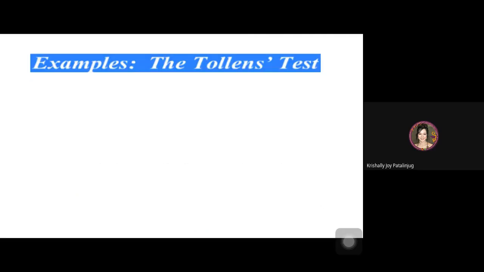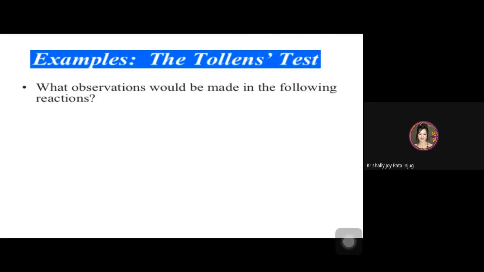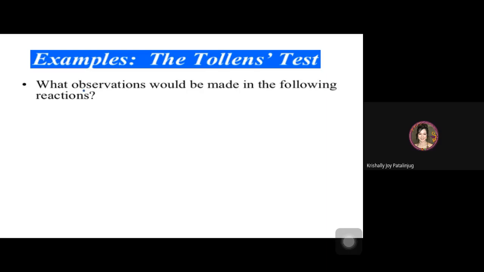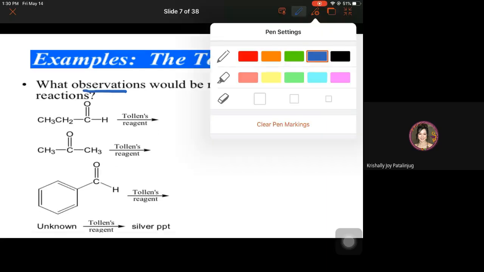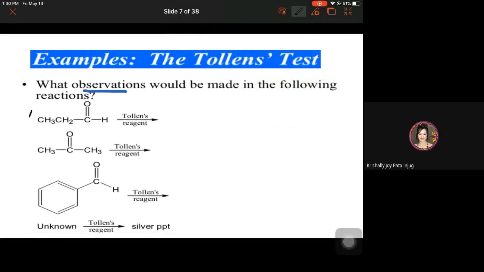Okay, let's do specific examples. What visible result would be observed in the following reactions? First question: is the given structure an aldehyde or a ketone? Very good, it's an aldehyde. It is being reacted with Tollens reagent.